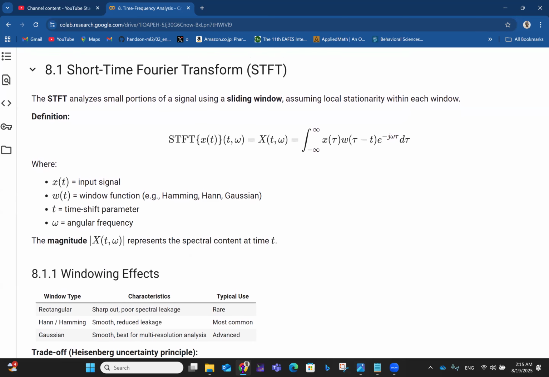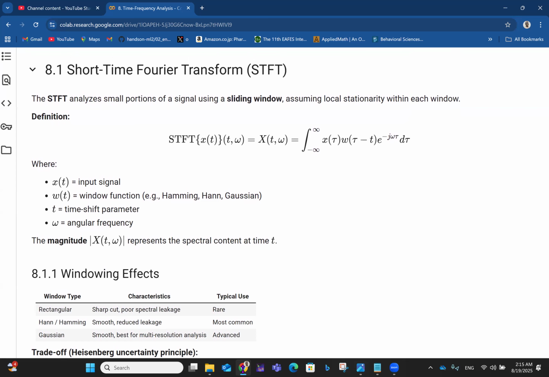So let's talk about short-time Fourier transform, STFT. The short-time Fourier transform analyzes small portions of a signal using a sliding window, assuming local stationarity within each window.